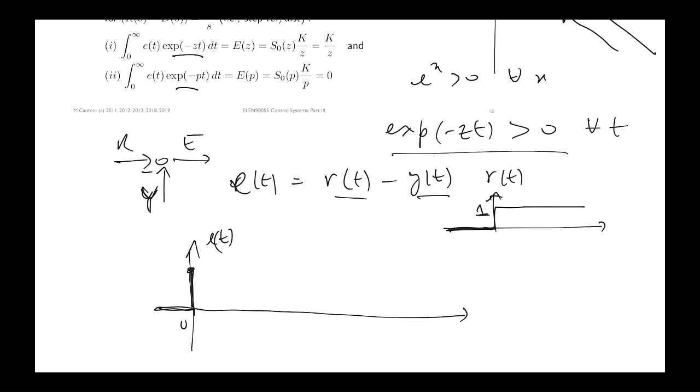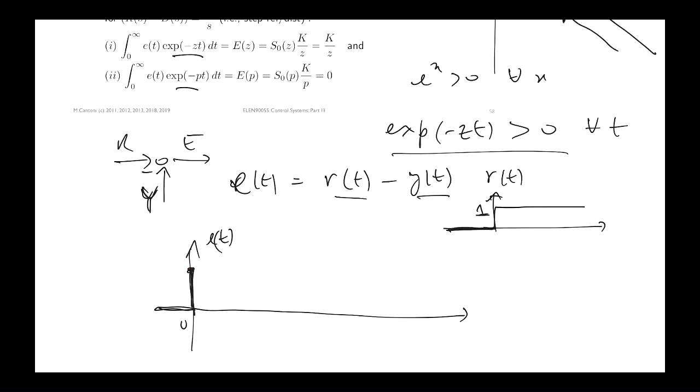Now, let's look at these constraints. In the case that z is a negative number, it's saying this weighted integral of the error signal must be a negative number. How can I get the integral of the error signal to be negative overall when I'm starting off positive?